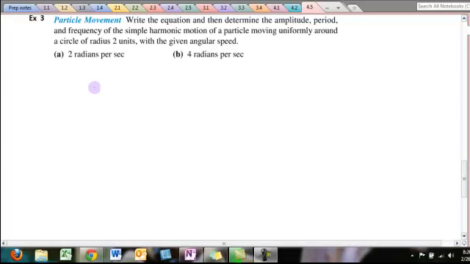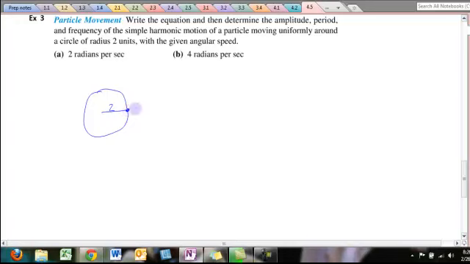Okay, so if I have just a circle here, I got my circle. I know that I have a radius of 2 units. If I start right here at 0 and then move around my circle, that's where my harmonic motion comes in.